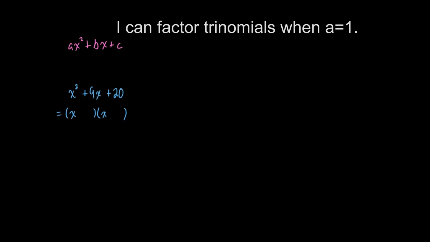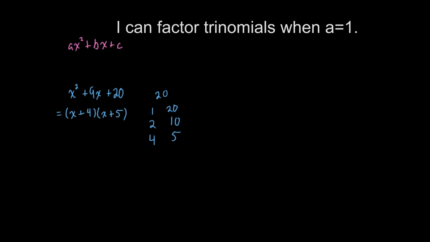Factors of 20 include 1 and 20 obviously, 2 and 10, 4 and 5, and that is it. Now we're looking for factors of 20 that add up to 9. Well, that's going to be 4 and 5. So we'd go x plus 4 and x plus 5 right here. So this would be our factored trinomial.